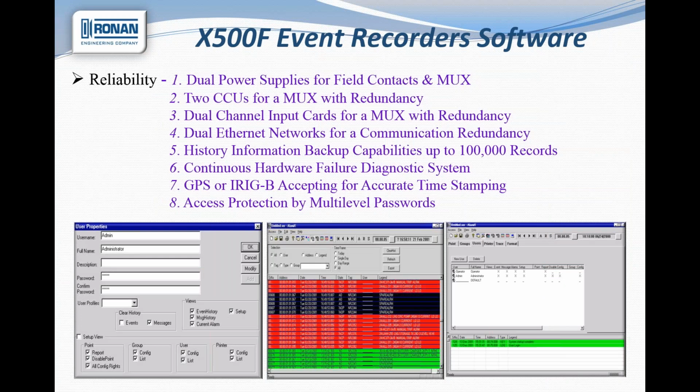So the reliability of the software, that might be a question that's asked. We have dual power supplies in the recorder.